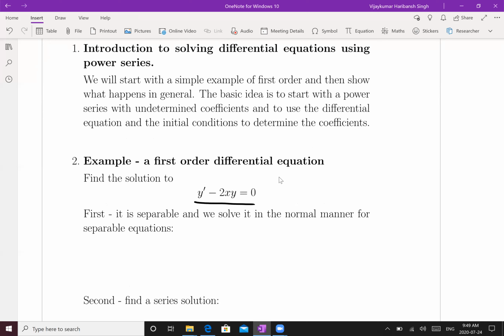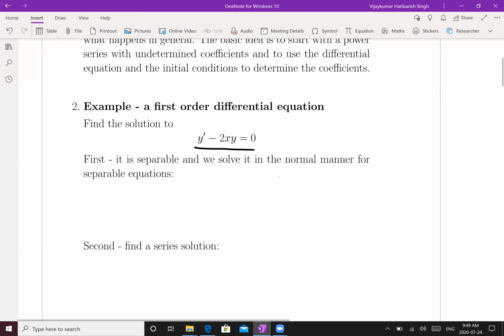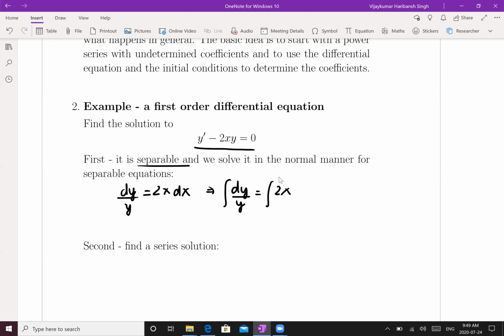Now this is a toy example, so I can solve it directly as well. Note that this equation is separable. I can write it as dy over y equals 2x dx. If I integrate on both sides, this gives me the integral of dy over y equals the integral of 2x dx.